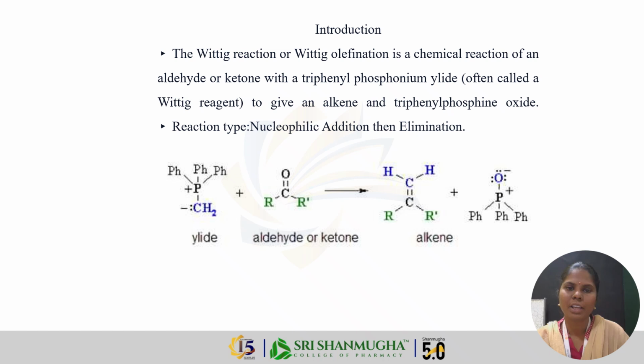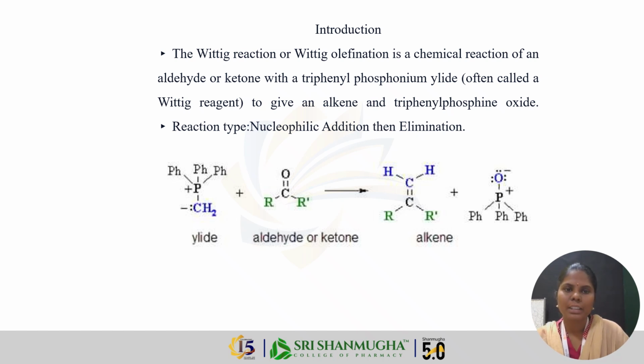In this Wittig reaction, an aldehyde or a ketone reacts with a reagent called phosphonium ylide. This ylide contains a positively charged phosphorus atom and a negatively charged carbon atom. This ylide attacks the carbonyl carbon of the aldehyde or ketone. It leads to the formation of an intermediate compound.